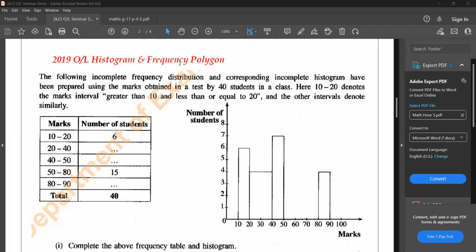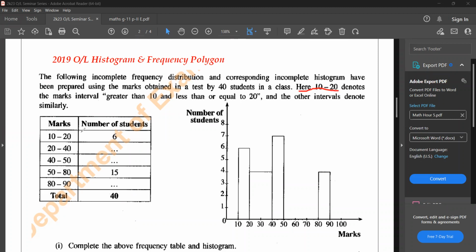Okay, let's discuss. See, the following incomplete frequency distribution and corresponding incomplete histogram. See, there's a histogram which is incomplete and also a table which is incomplete. Have been prepared using the marks obtained in a test by 40 students in a class.